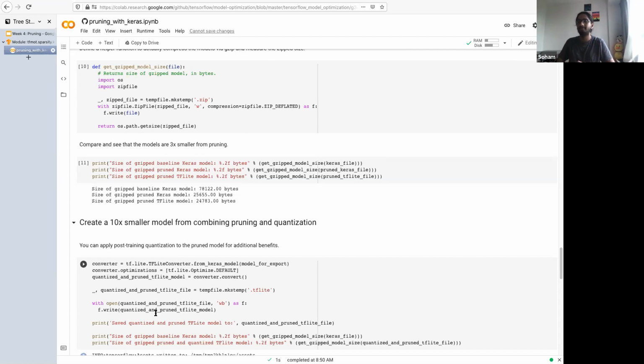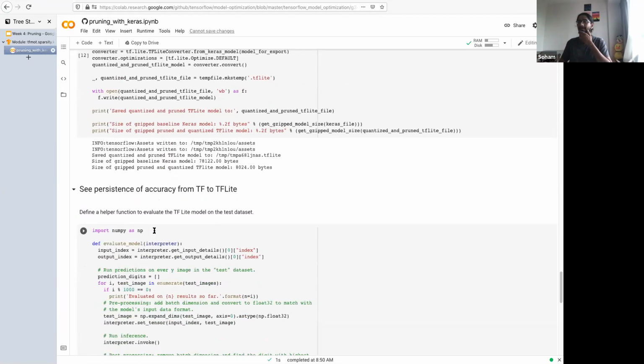In fact, some of the papers that I showed you, where people showed there's like 9 times weight savings and 3 times compute savings, that's the theoretical savings. They haven't actually done it practically.